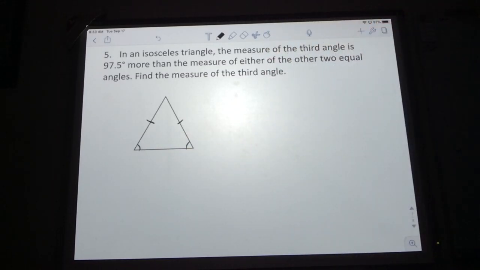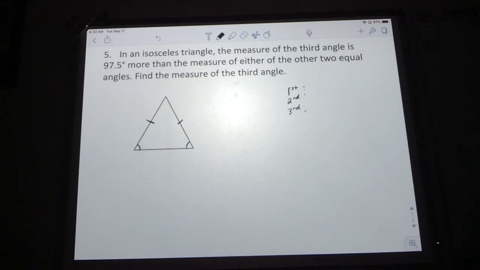Okay, the measure of the third angle is 97.5 more than the measure of each of the other two angles. So we got three angles we are talking about. So first, second, and third. Okay, at least one of those is X. What are we basing everything on?